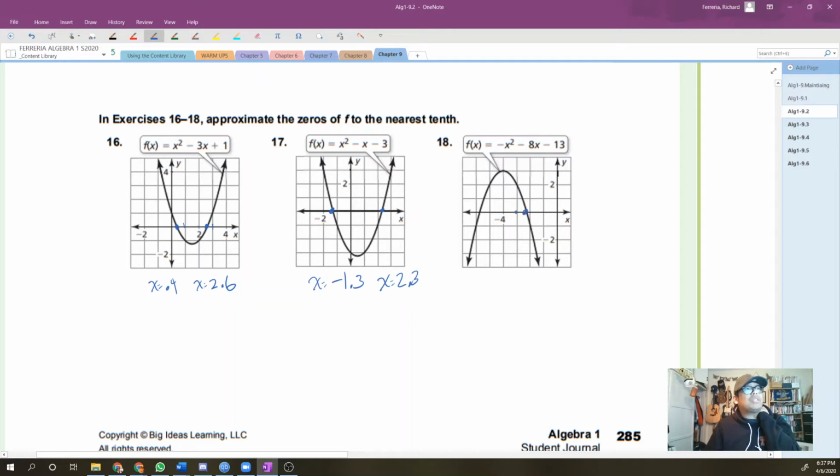So this is between -2 and -3, closest to -2. So I'm going to say maybe -2.2. -4, -5, and -6. So this is between -5 and -6, closer to -6. So maybe -5.7.